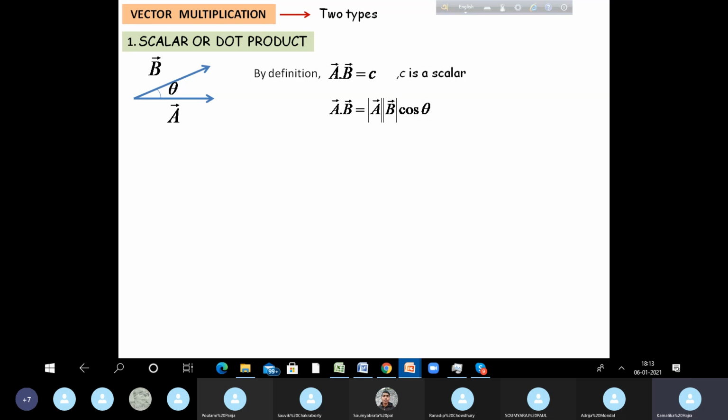So this is the formula, or the mathematical definition, of the dot product of two vectors. As you can see from the definition itself, the result does not contain a vector, so the result is a scalar. Why the result is a scalar physically, we will get to know very soon.